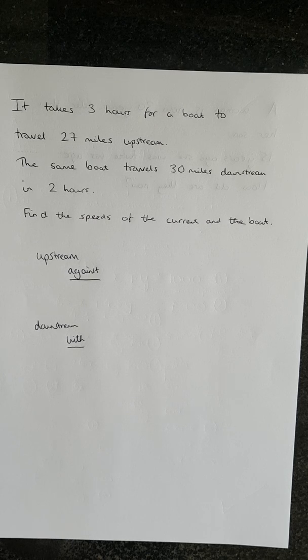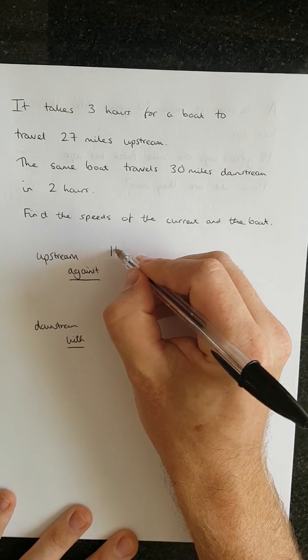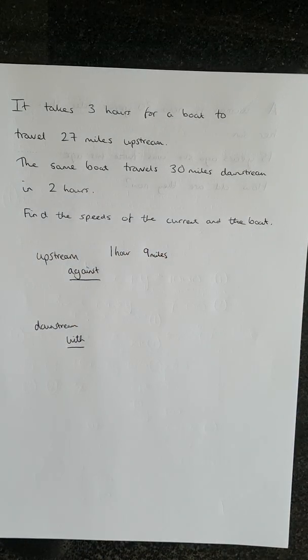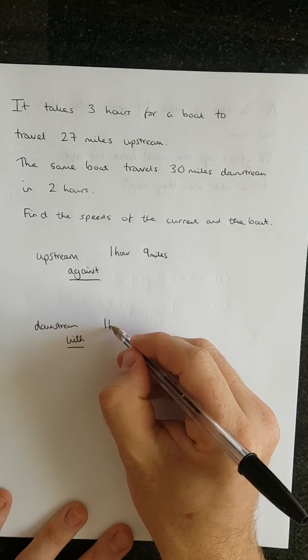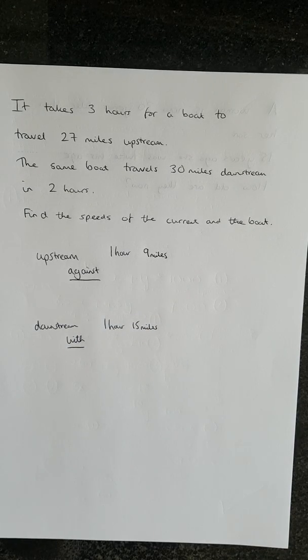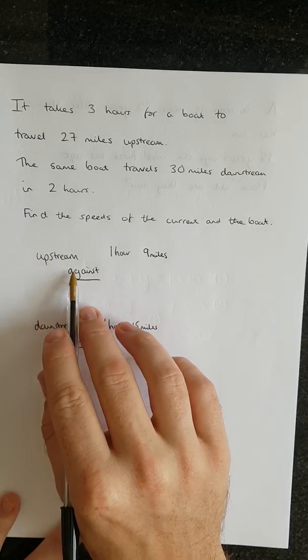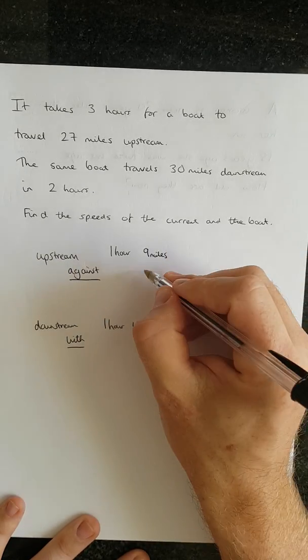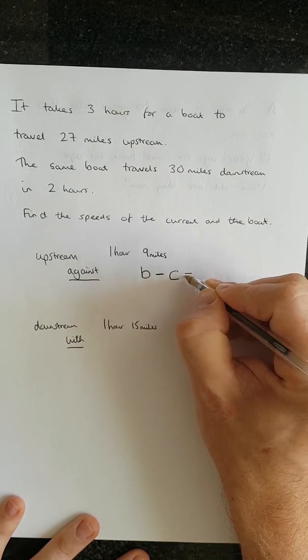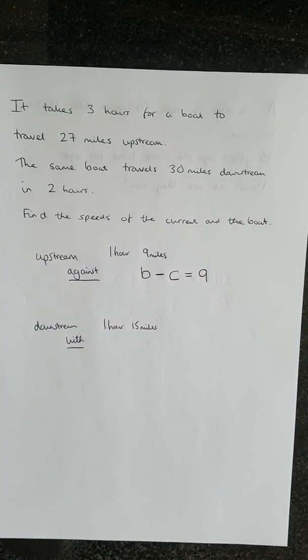How many miles does it do in 1 hour upstream? In 1 hour, it does 9 miles. Downstream, in 1 hour, it does 15 miles. Okay, so because upstream it's against, the speed of the boat, take away the speed of the current, is 9.